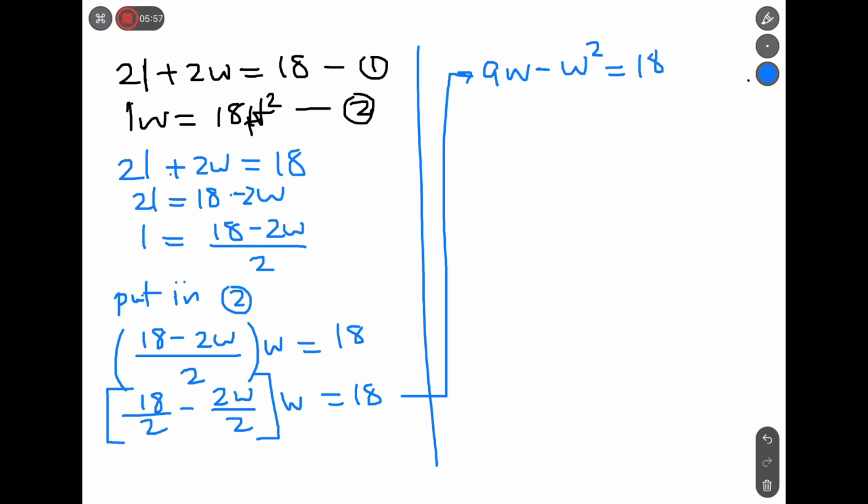If we now put this in the form of a quadratic equation, it looks like W squared minus 9W plus 18 equals 0. I hope you followed that.